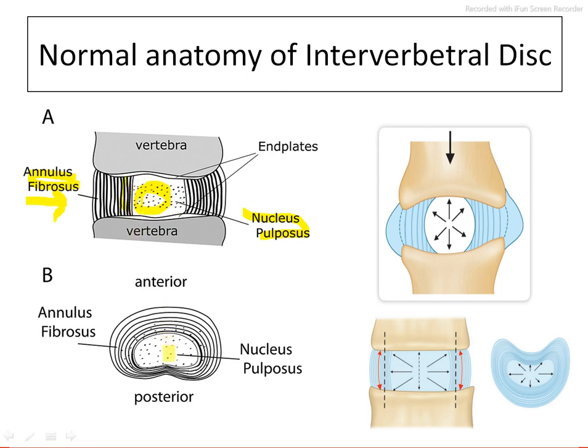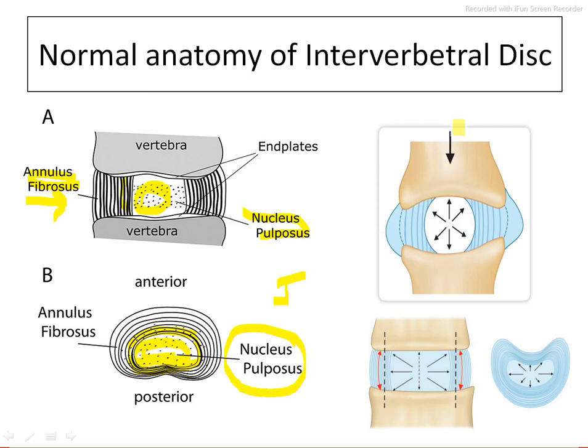In the horizontal section, the nucleus pulposus lies at the center towards the posterior aspect. However, the annulus fibrosus encircles it in a spiral way around the nucleus pulposus. Normally the nucleus pulposus is rich in proteoglycan, and because of that rich proteoglycan content it is hydrated, and because of that hydration it maintains the jelly-like consistency.